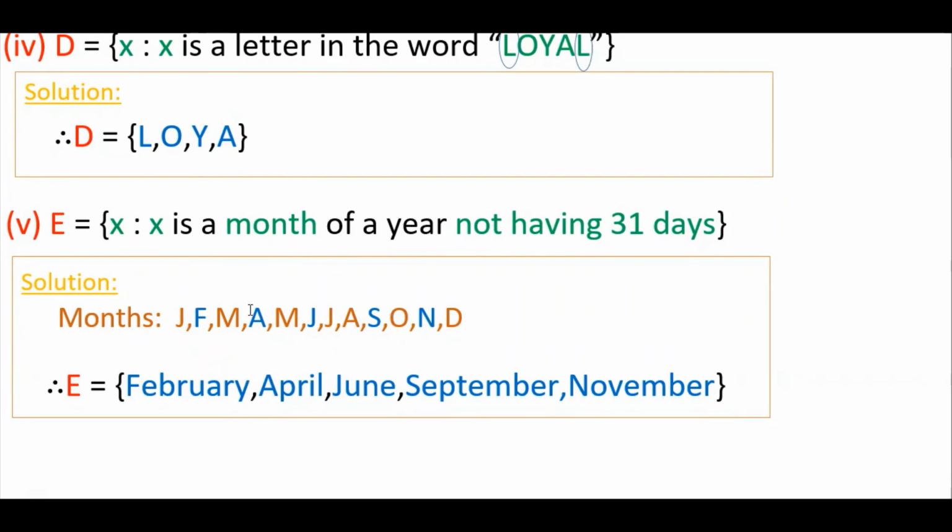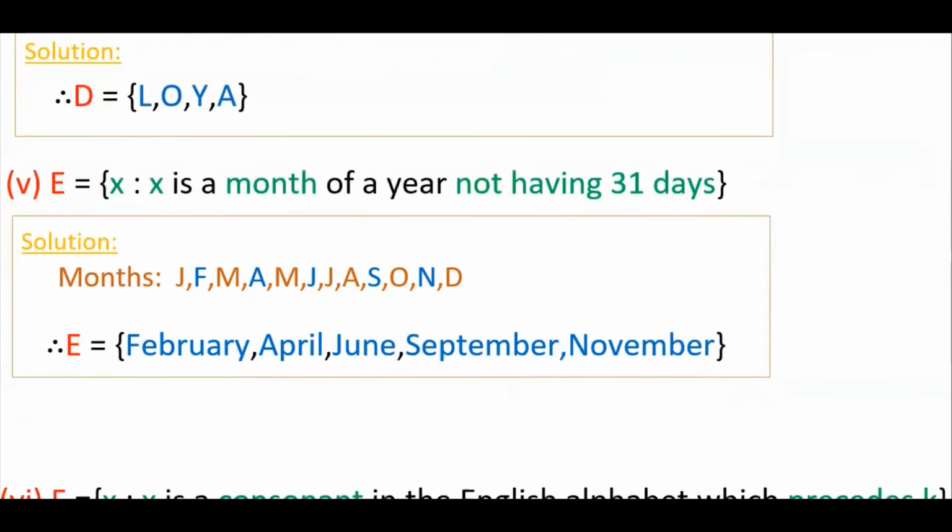These are not 31 days: February, then April, June. You know that July and August both are 31 days, so you should not write both. Then again September, again alternate to November. So now write February, April, June, September, and November. These are the months not having 31 days.